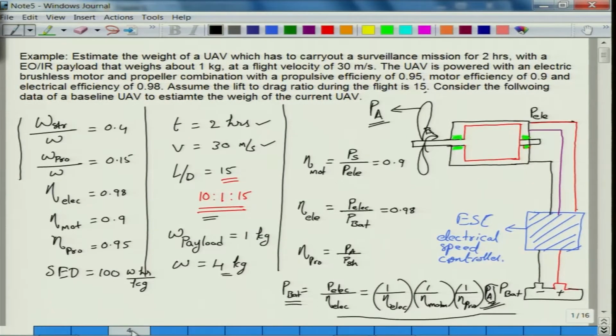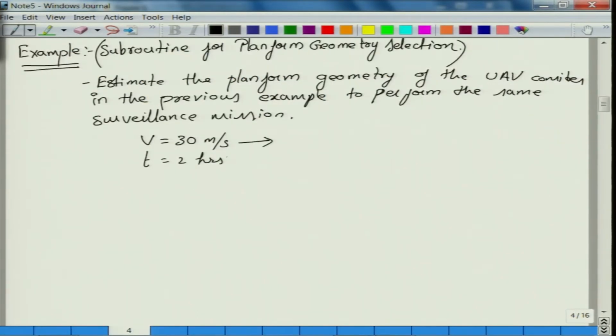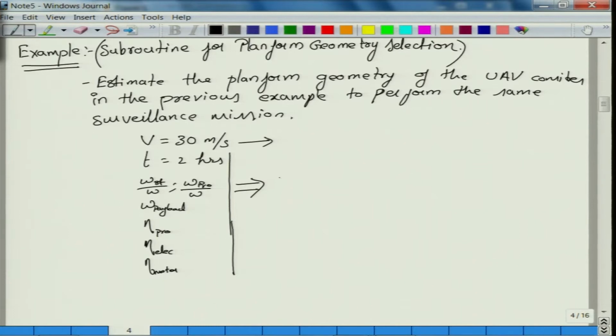What we require right now is the following. With all other parameters, including structural weight ratio and propulsion weight ratio, as well as payload, propulsion weight efficiency factor, electrical efficiency factor and motor efficiency factor, we have figured out that the aircraft, when flying at L/D of 15, has to weigh about 8.1 kg.